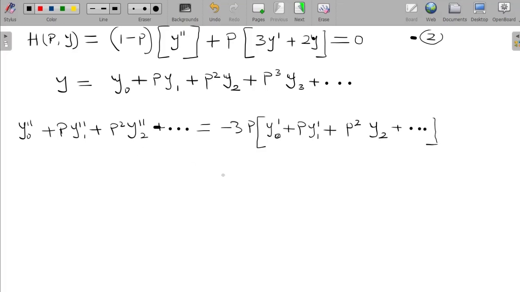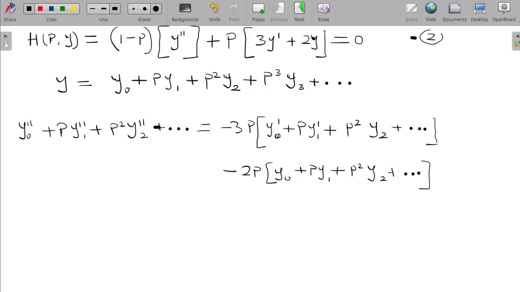Then for 2y, we'll have 2p times (y0 + p y1 + p^2 y2) and so on.